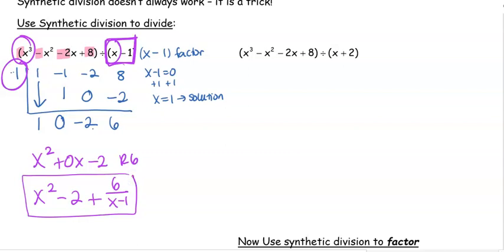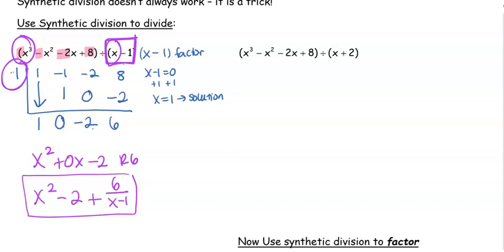What that means, when you have a remainder, it means that 1 is not a true x-intercept. It's not going to divide evenly. So with synthetic division, you're going to often be asked questions like, is this a factor? Is this a solution? If you have no remainder, it is an x-intercept.